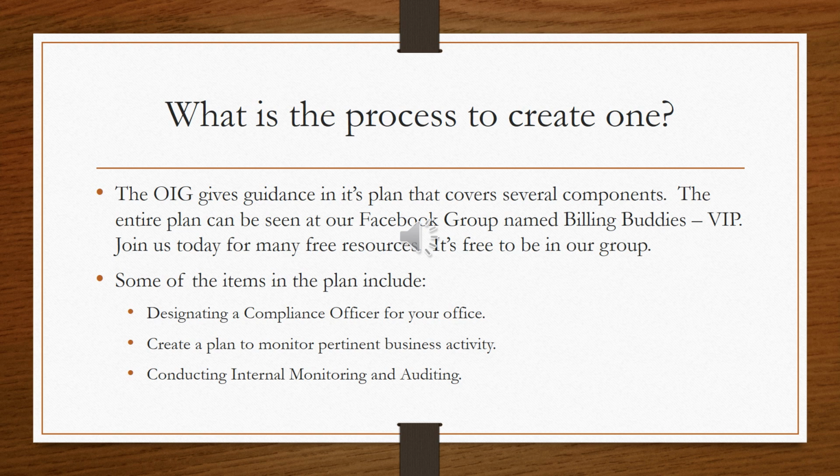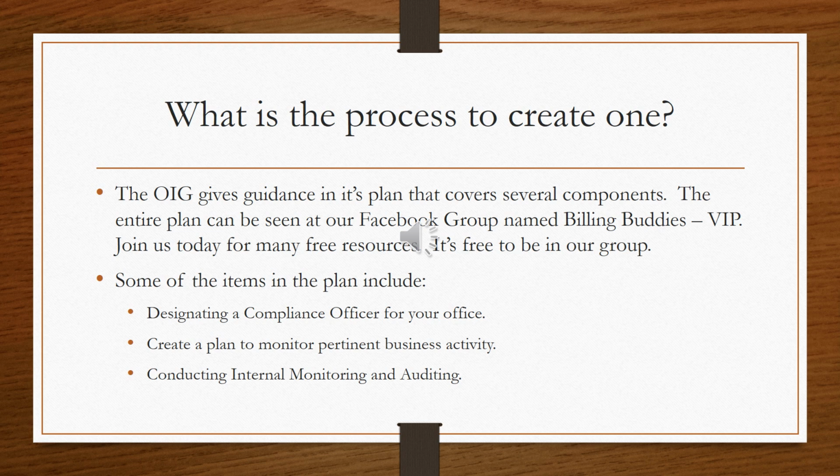If you want access to that or many other resources, go to Facebook and in the search, just like you're going to search for a friend, search Billing Buddies-VIP, and when you click on that, you can click join, and then I can approve you to have access to the OIG compliance plan along with many other things like hardship policies, signatures on file that are required to have.